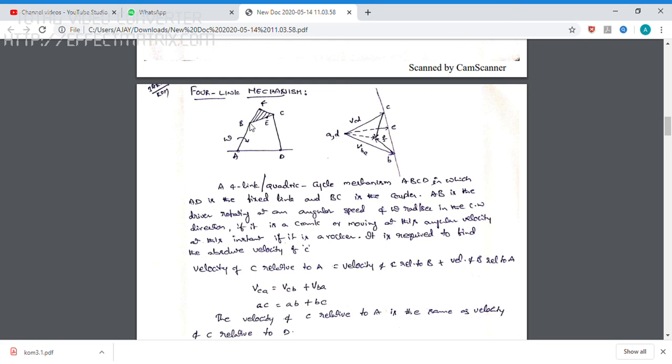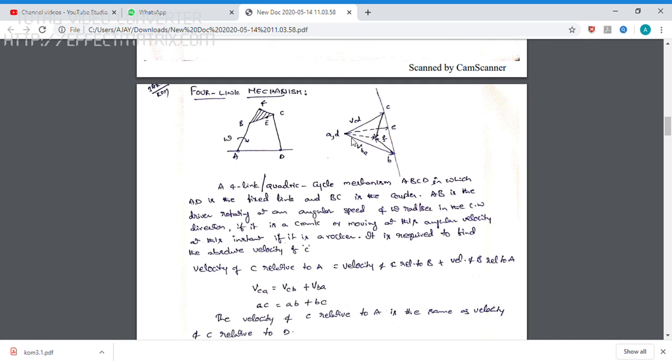In the last explanation, I said the direction of motion is perpendicular to the element. So, suppose this link is moving in clockwise direction, that direction is perpendicular to this AB link in this particular direction. That's why, with a suitable scale, I drew the VBA line in this direction.